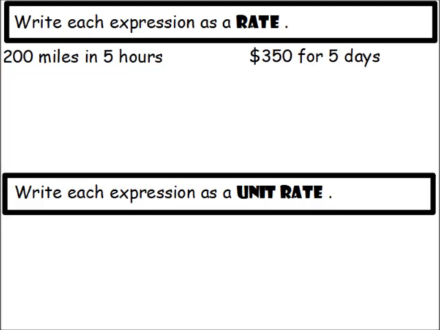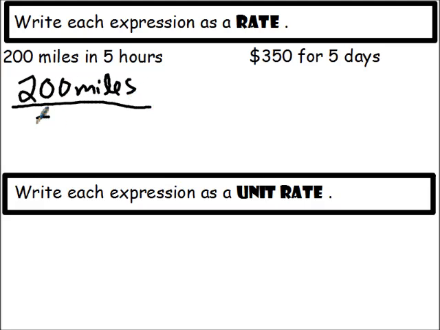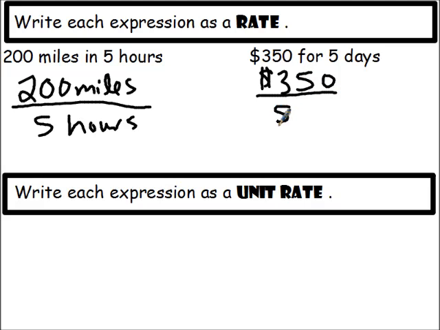Now let's look at some rates and unit rates. 200 miles in 5 hours. Let's write this as a rate. We have 200 miles to 5 hours. And $350 to 5 days. Now, in order to get a denominator of 1, we'll simply need to divide.